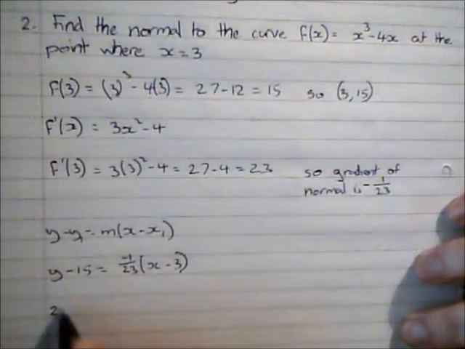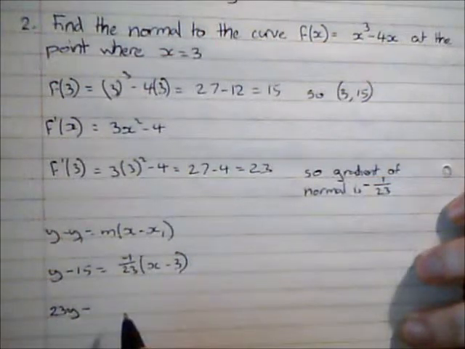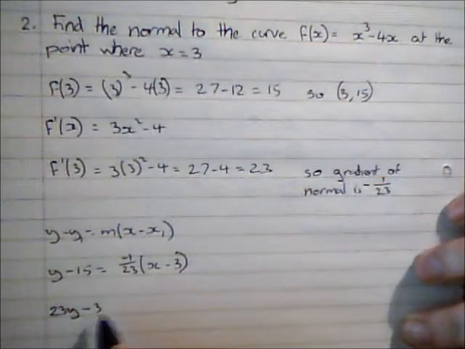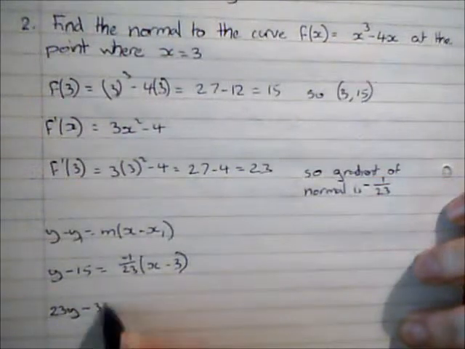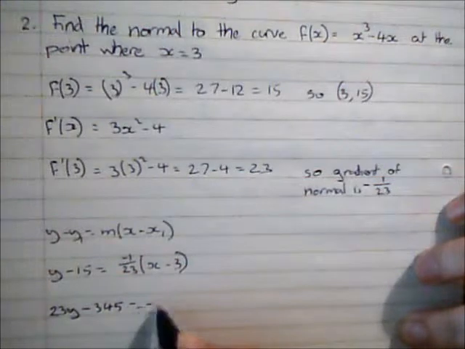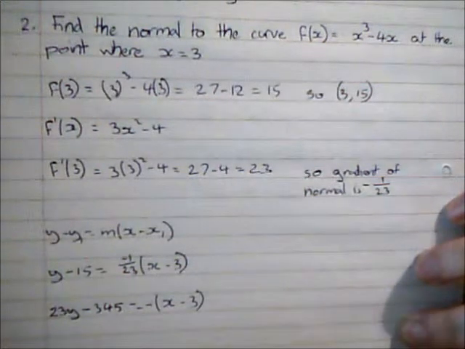So 23y, and this is going to be 300 and 45, and that is going to be negative x subtract 3.